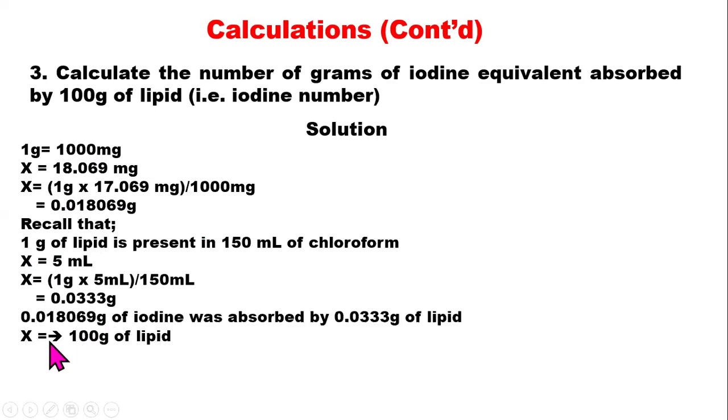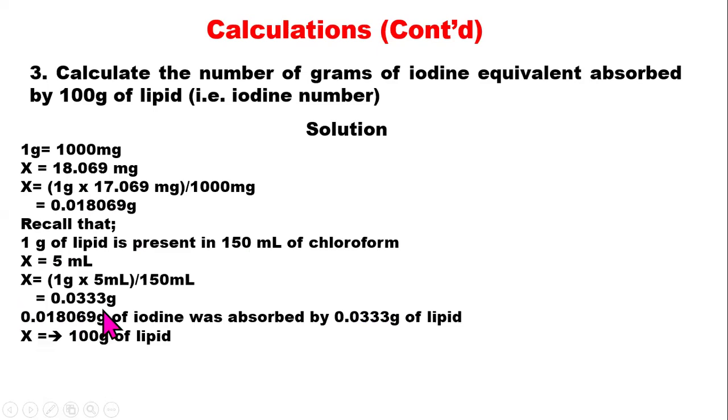Okay, now you know that 0.018069 gram of iodine was absorbed by 0.0333 grams of lipid. This is the value in grams of iodine that is absorbed, and the lipid solution is in 5 mils. You started with 1 gram of the lipid in 150 mils.